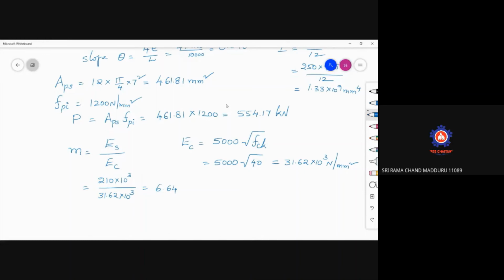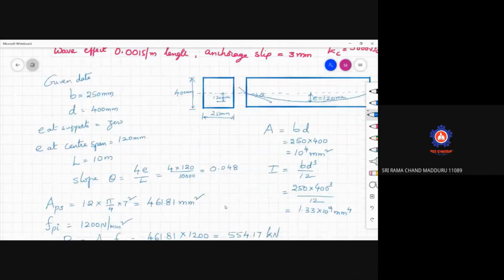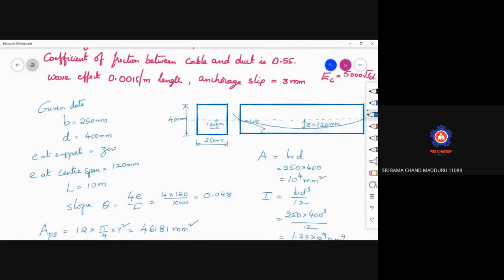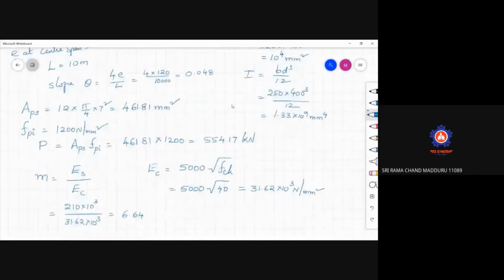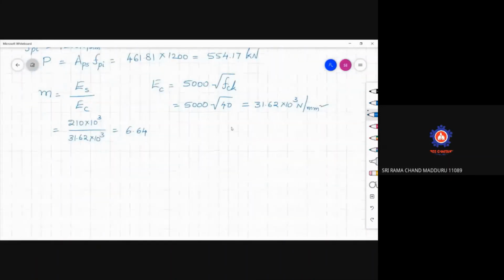Now see this, your beam is eccentric at center span and it is concentric at the supports. So when you calculate this FC, that is stress in concrete at level of steel, we need to calculate the average value as it is not constant throughout the span of the beam.